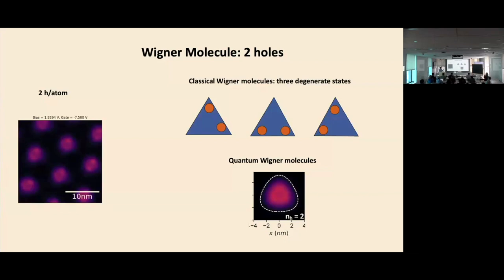But quantum mechanically, all these states will hybridize. So the theory actually predicts you will form a donut shape. But in the real system, there's also a small residual strain, so we don't see a perfect donut shape. It's a little bit elongated in that direction, but you can clearly see a dip in the middle.